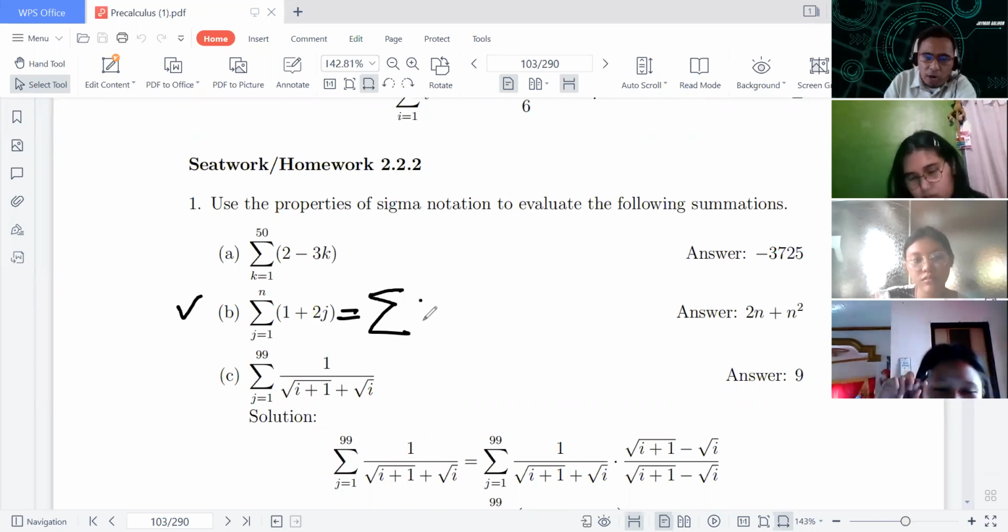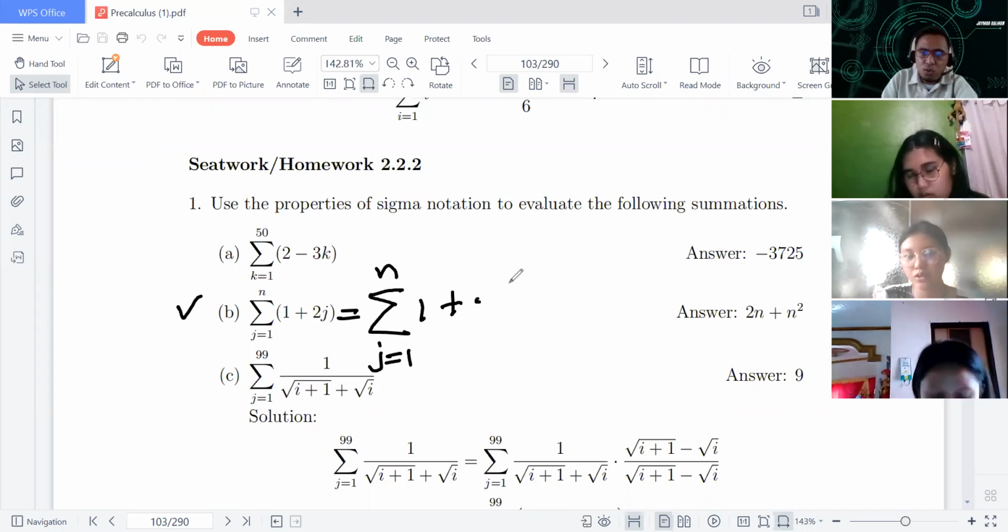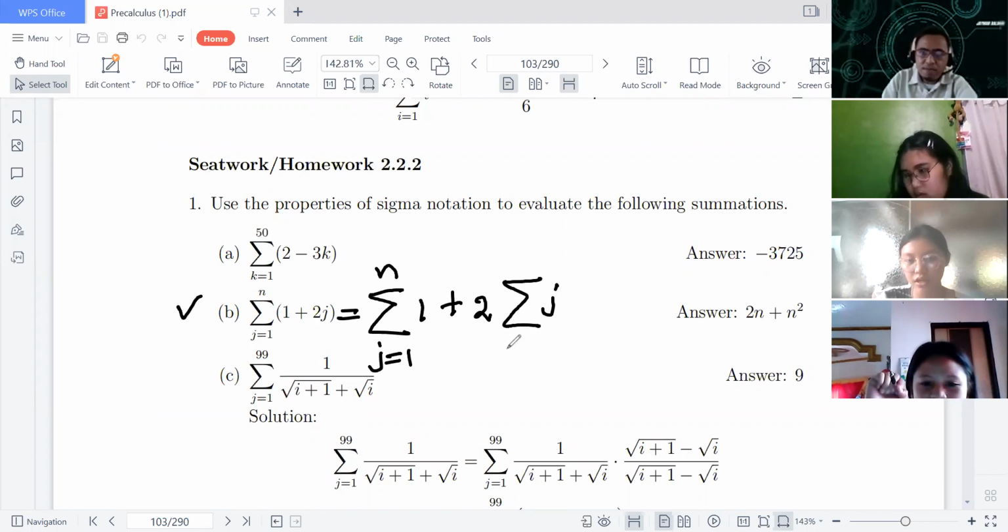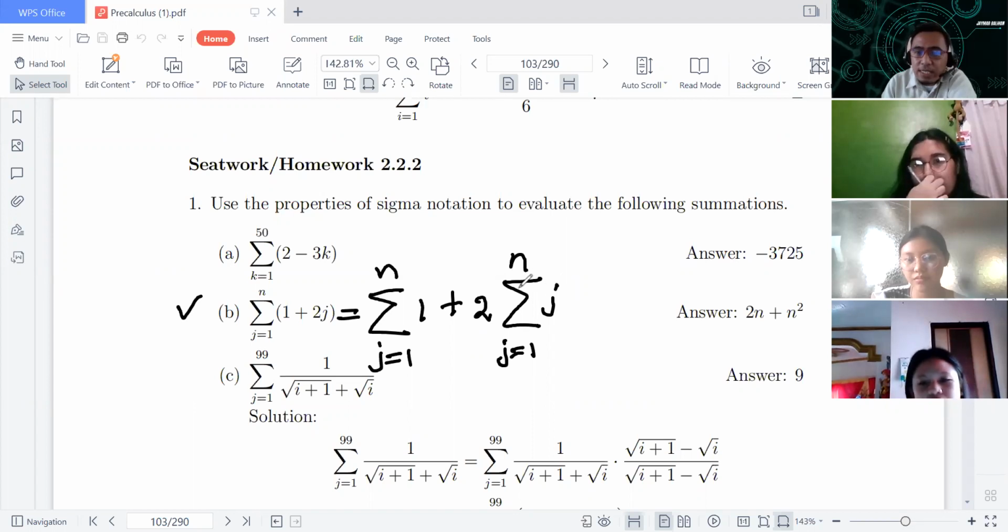Summation of n on top, where j ranges from 1 to n, plus 2 times the summation of j, where j is equal to 1 until n. By the way, I will repeat. Correct. You will read this as summation of j, where j ranges from 1 until n.